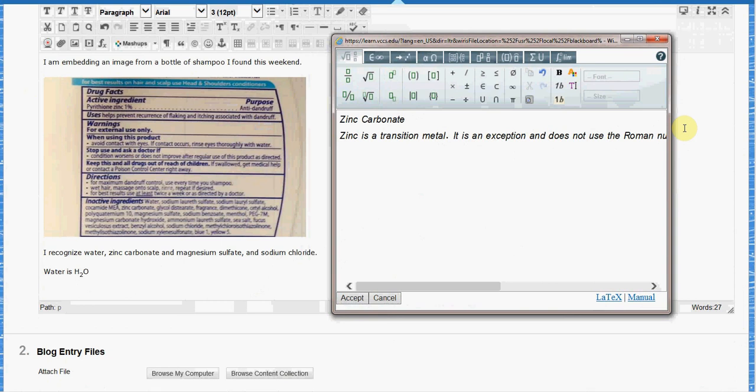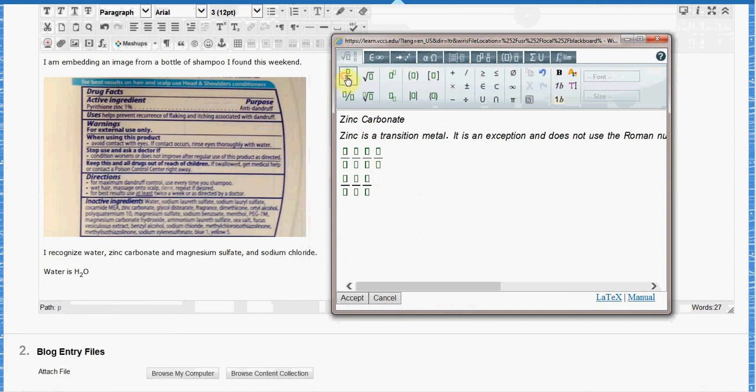So to write the formula, I'm going to give myself four fractions. And then I'm going to do the exact same thing again.